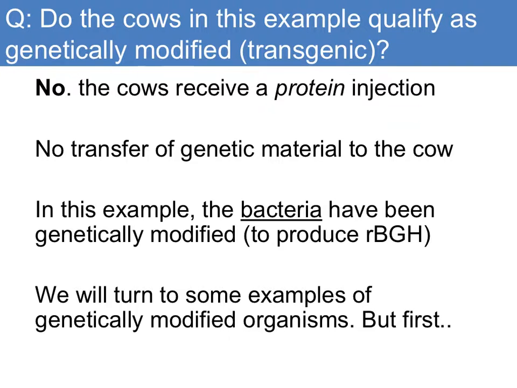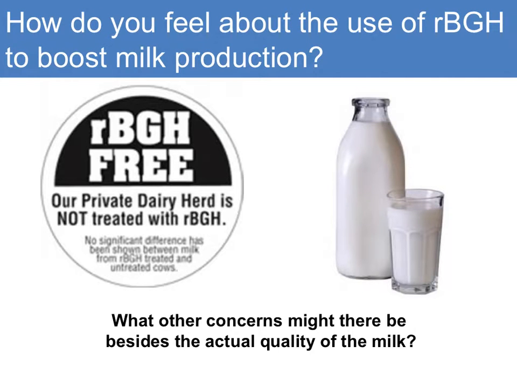So, do the cows in this example qualify as a genetically modified organism? Was the cow genetically modified or was it bacteria? Bacteria. So I just want you to make sure you understand which is the transgenic organism, because there's going to be a question on the test, I assure you, just like this.